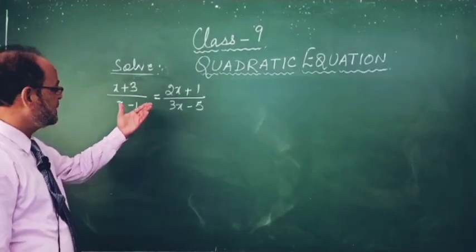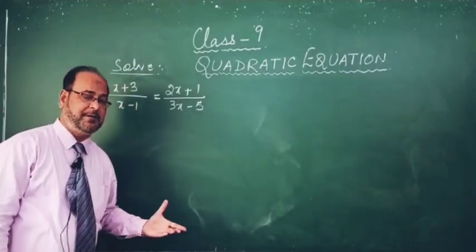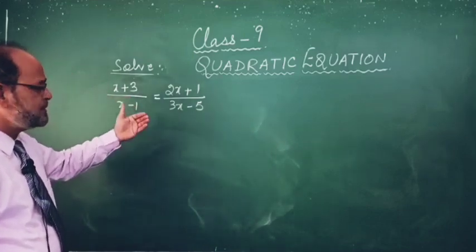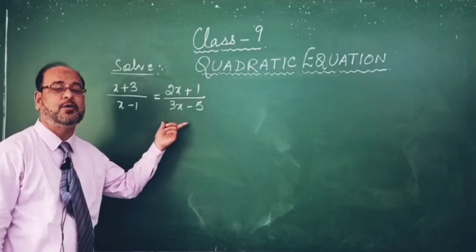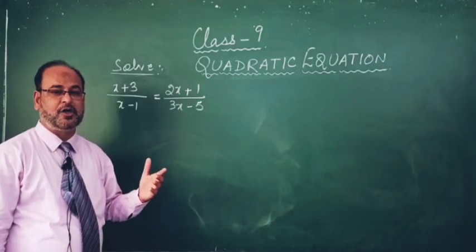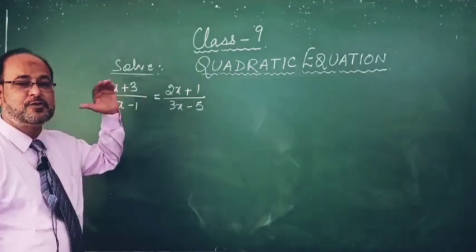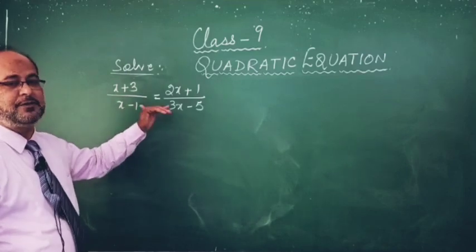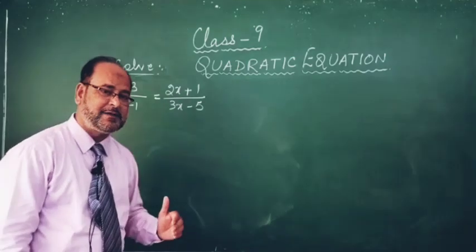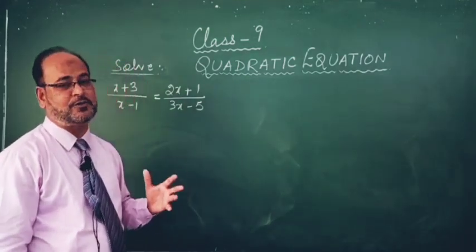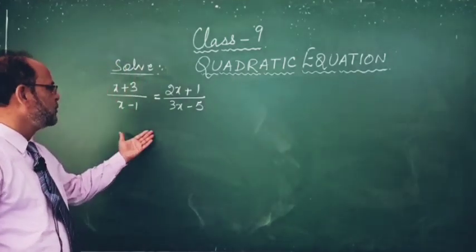Alright, this is the next example I have taken. Now by observing this question, you will find that it is not written in standard quadratic form. Our job is to convert this given question into standard quadratic form, which is ax square plus bx plus c equals 0.